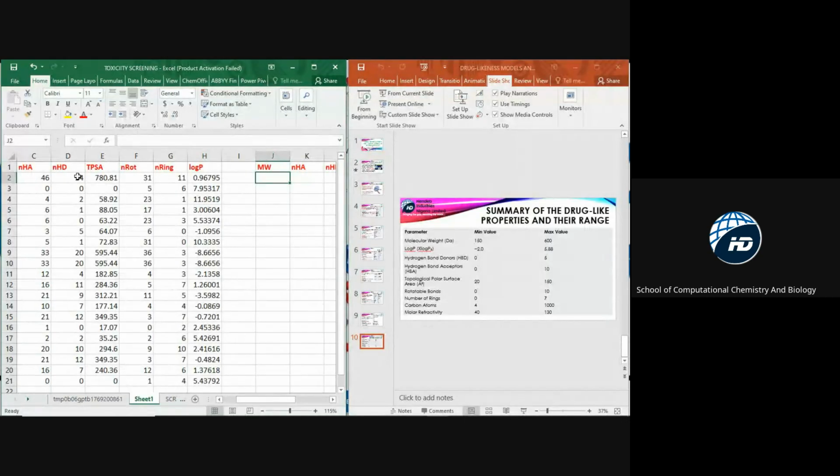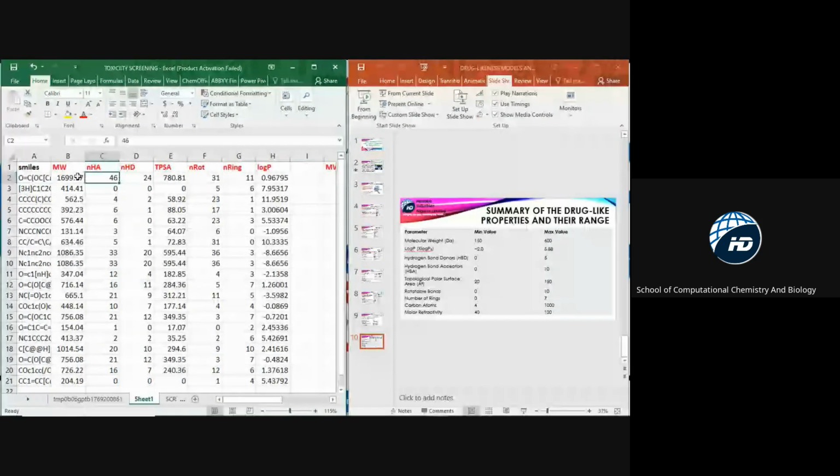So how do we do that? We agree that if this molar weight falls within the range of 150 to 600, let it say 1. But if it does not fall within the range, let it say 0. So are we together? That is what we are doing.